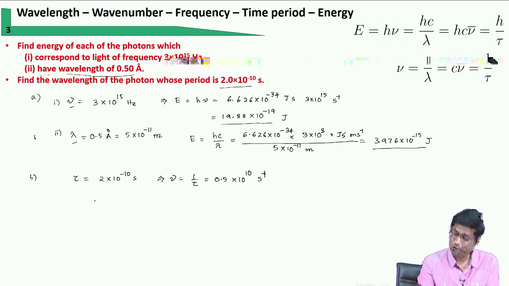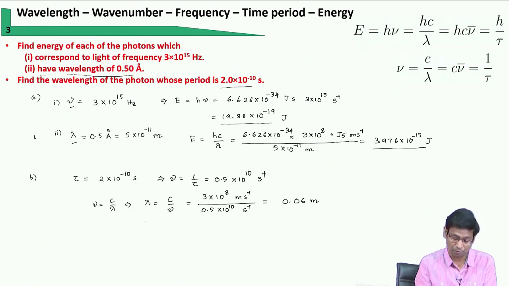We know that nu is c by lambda. And this comes out to be 0.06 meter.